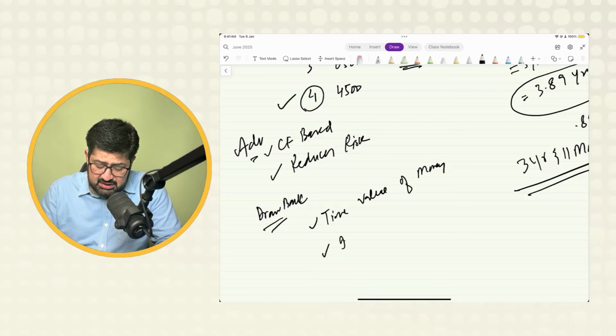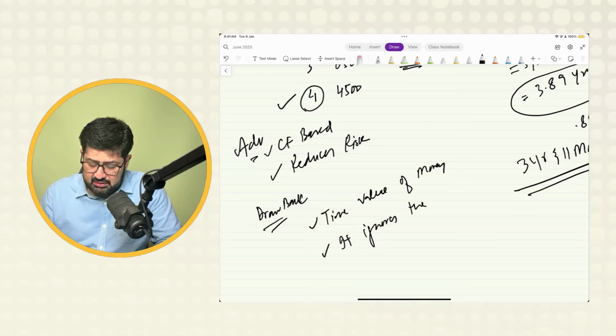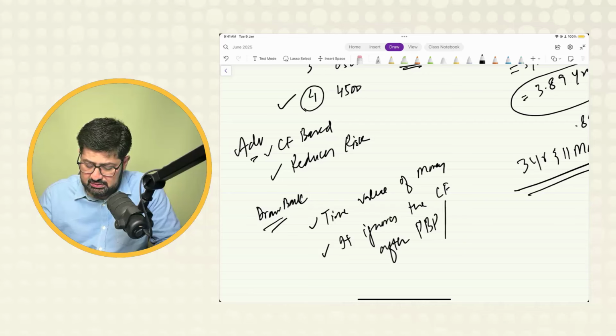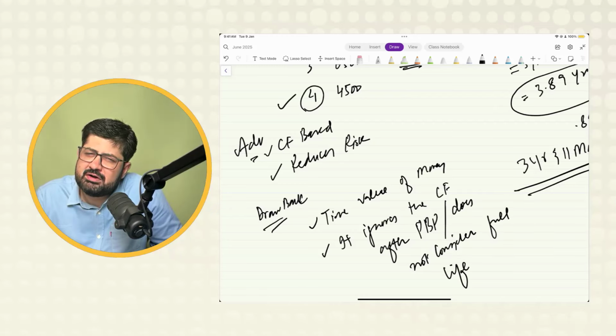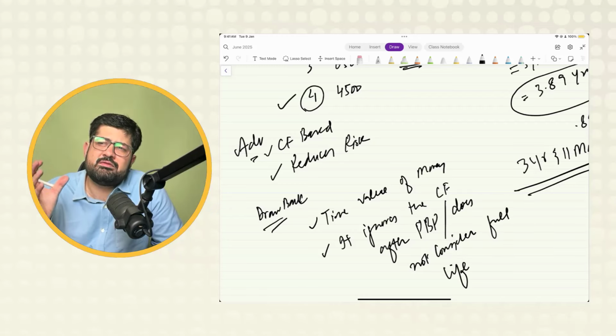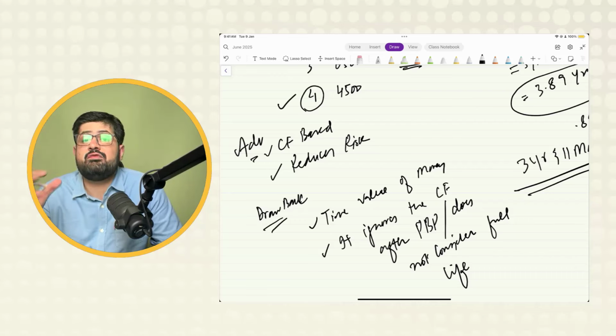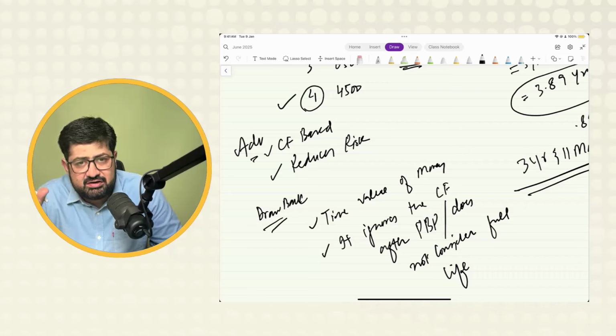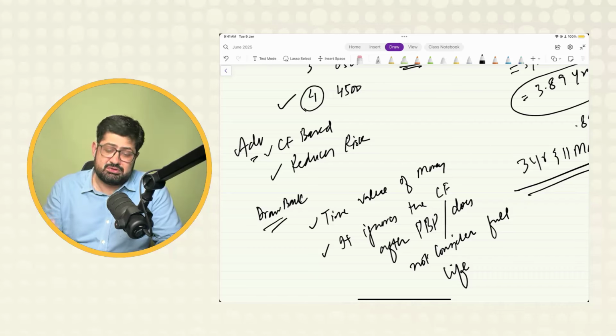Second, it ignores the cash flows after the payback period, or we can say it does not consider the full life of the project. It is concerned only with when our investment will be recovered. 3 years, okay, that's it. What will happen after that? It is not the concern of this payback period, which is not good.